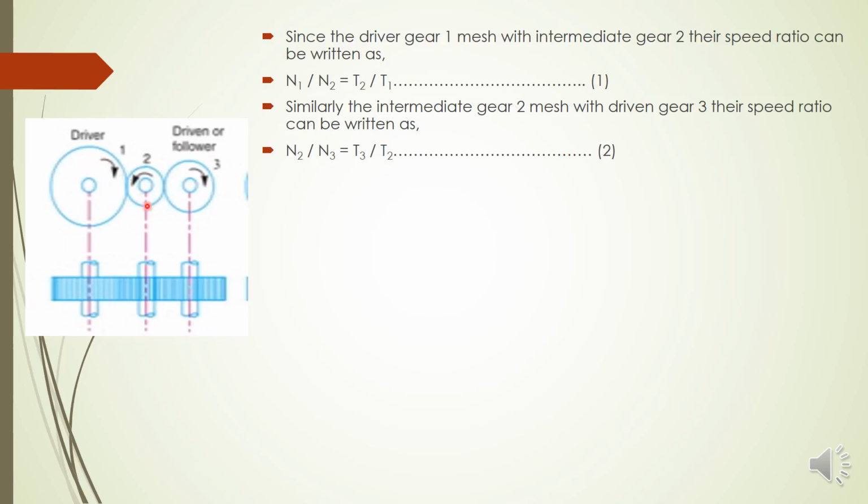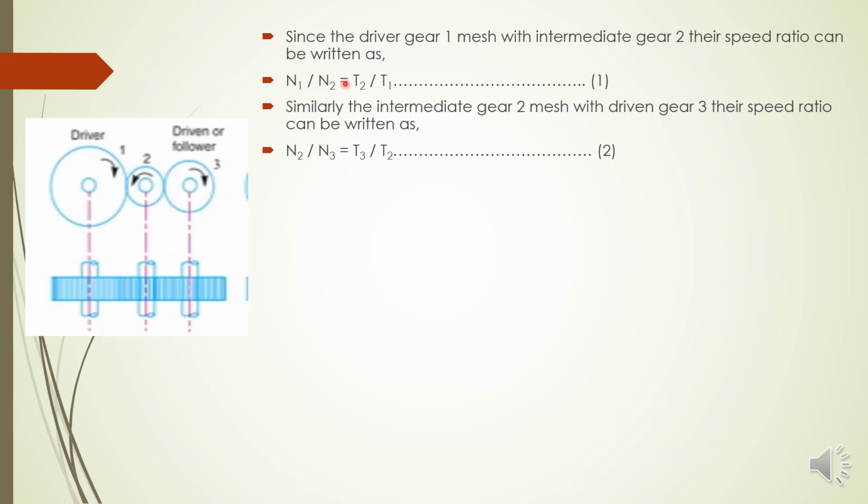Now what we want is the speed ratio of this entire gear train that we have already defined. The speed ratio of this gear train is the speed of the first driver gear to the speed of the last driven gear, so N1 by N3. But there is no direct connection between 1 and 3, so we cannot simply write it directly.